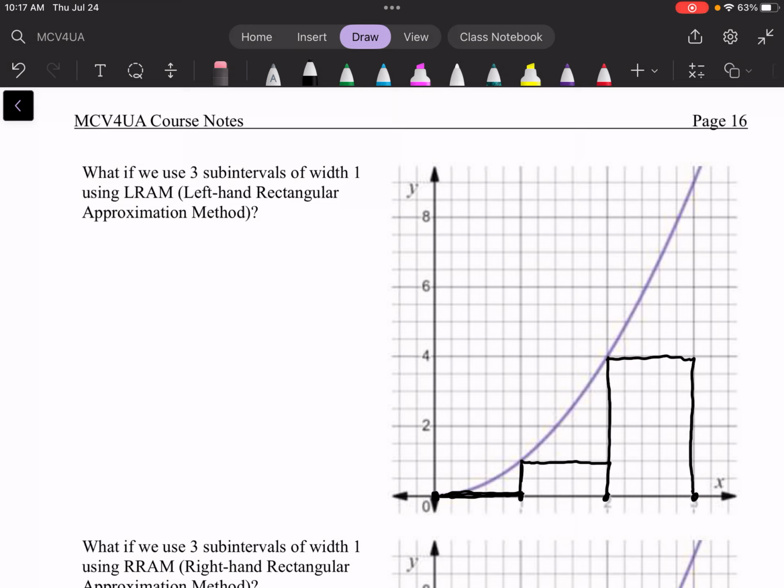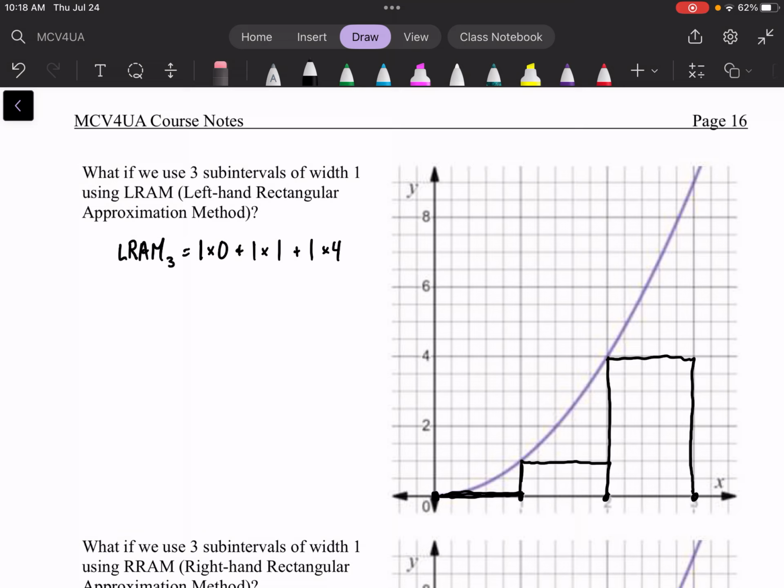Using this LRAM method, often with a subscript 3, to find the area: the first one has a length of 1 but a height of 0. The next one has a length of 1 and a height of 1. And the last one has a length of 1 and a height of 4.